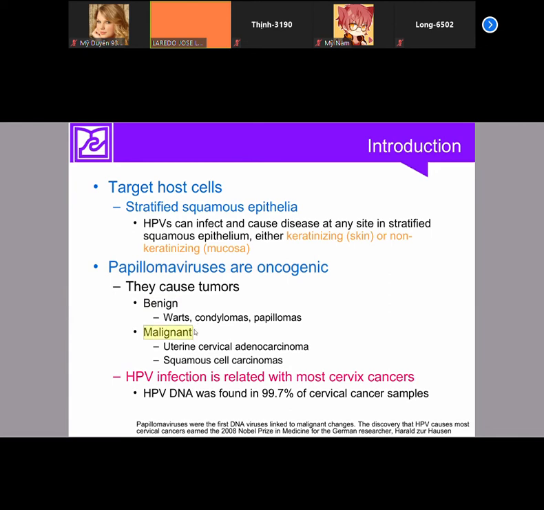The most important, the cervical cancer in women. That is the most important disease caused by papillomaviruses. Human papillomaviruses are related with most cervical cancers in women, almost always. Almost 100% of all cervical cancer in women are caused by papillomaviruses.